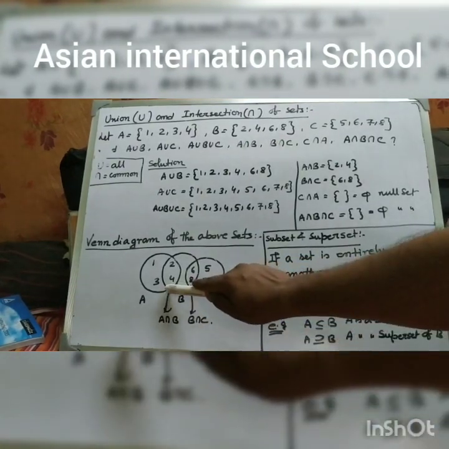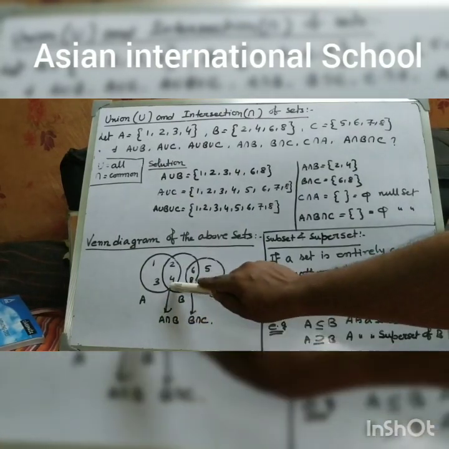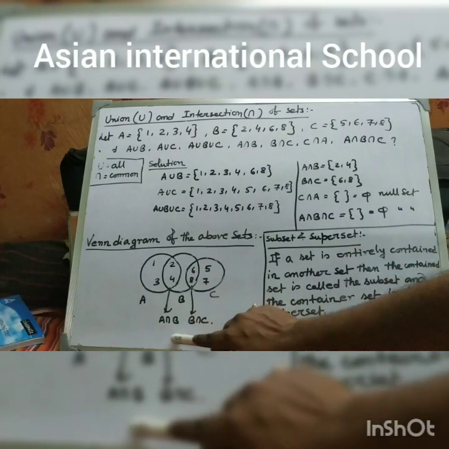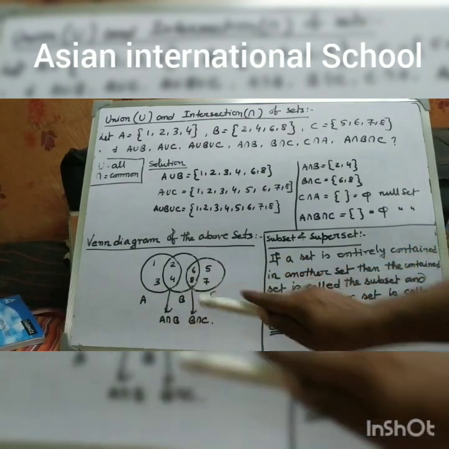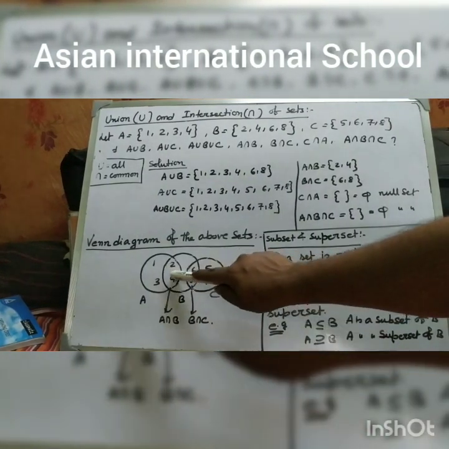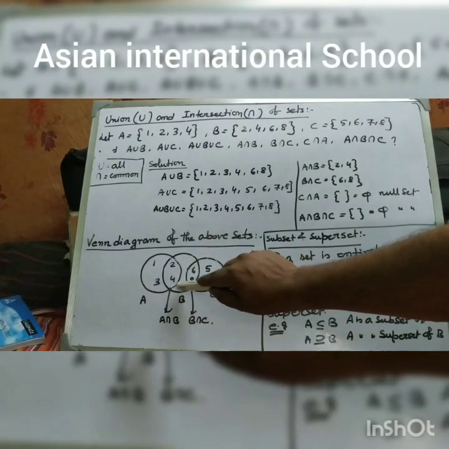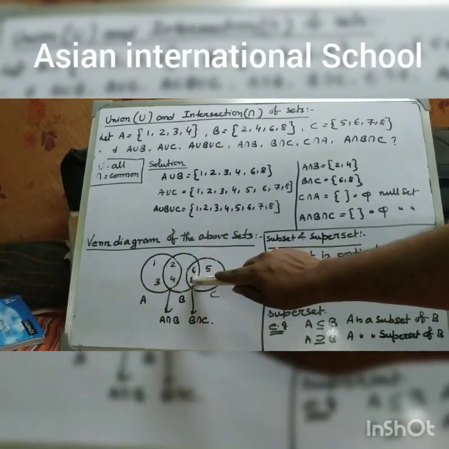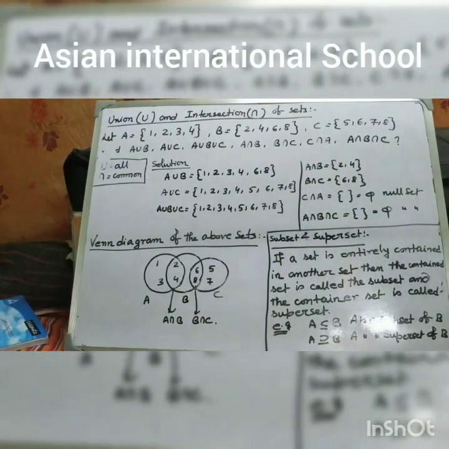Now I have marked the intersection part. This part is called A intersection B. This part is called B intersection C. That is the common part. So 2 and 4 belong to set B as well as set A. Here 6 and 8 belong to set B as well as set C.